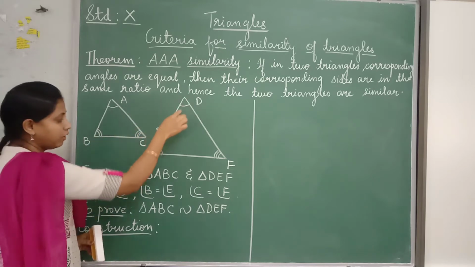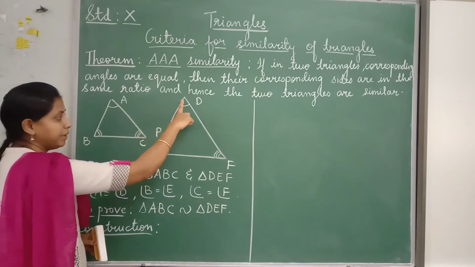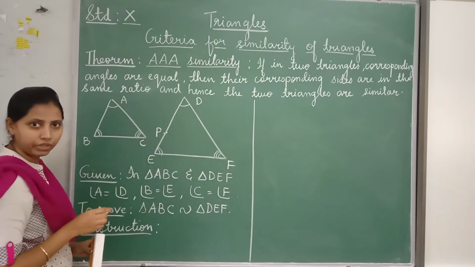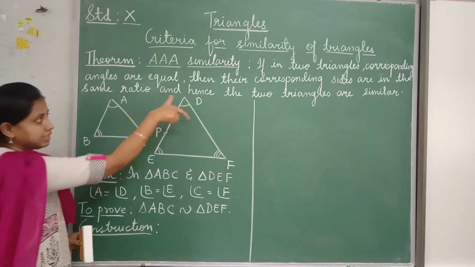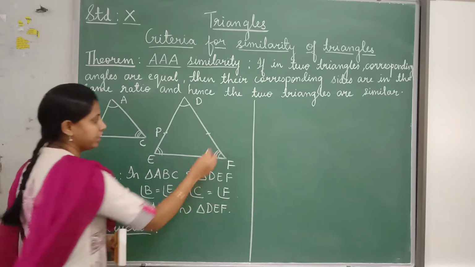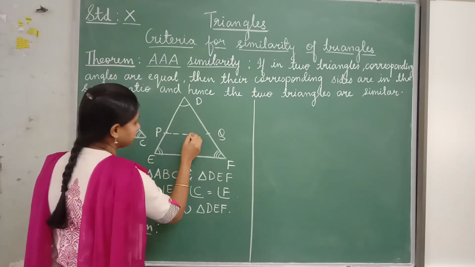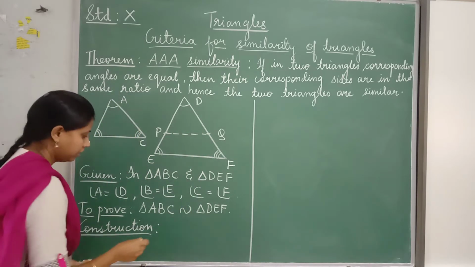Take the measurement of AB, and the same measurement you have to cut on the line DE as DP. In the same way, take the measurement of AC, and the same measurement you have to cut on the line DF. Name this point Q and join PQ. This is the construction.